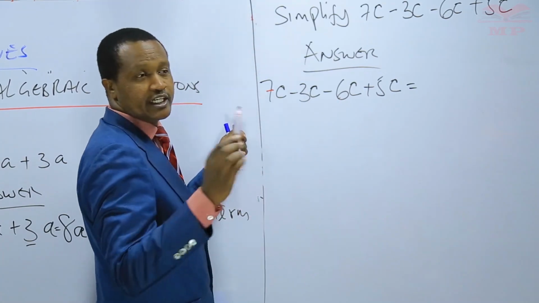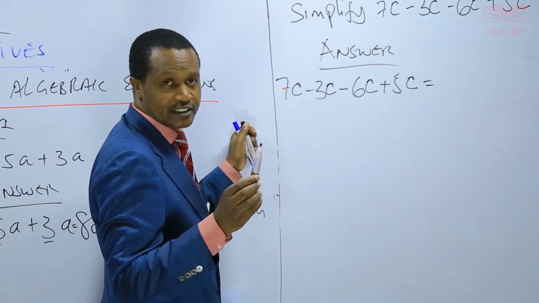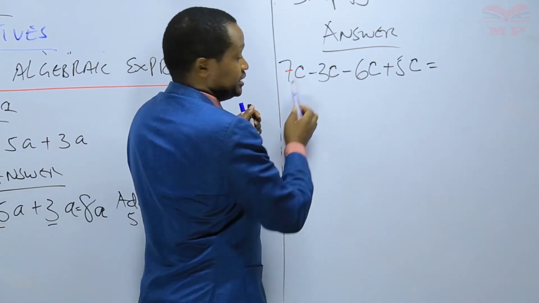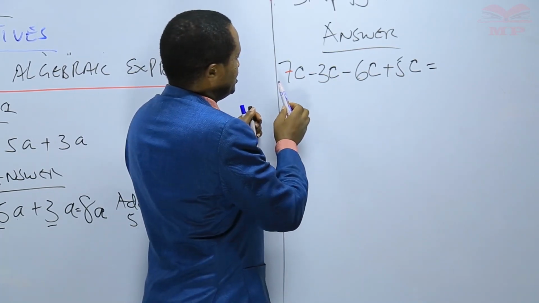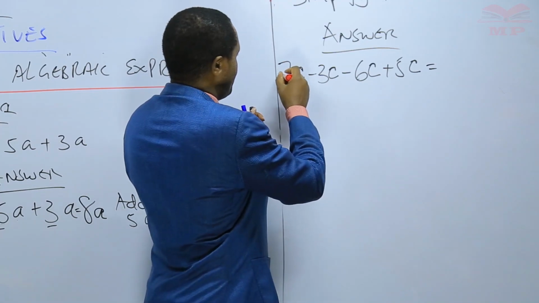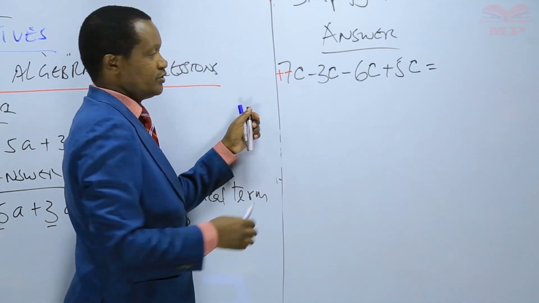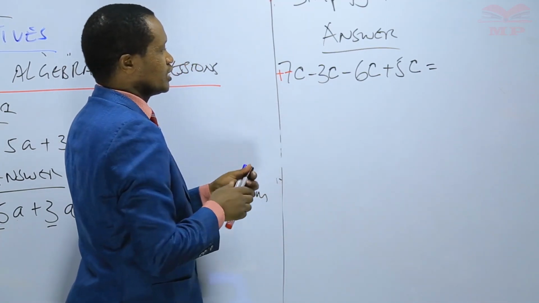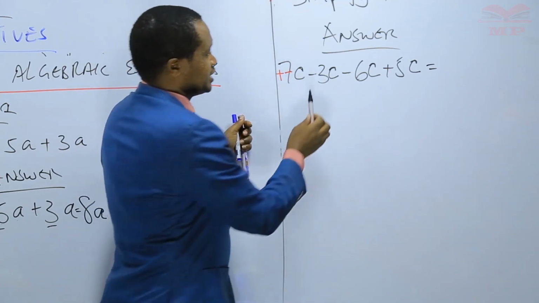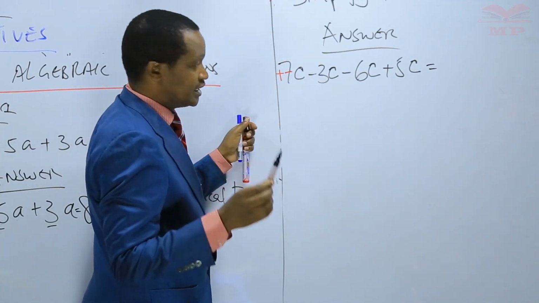When you want to know which terms to add, look at the signs before the terms. This term 7c, when the sign is not shown, means that it is a positive sign that should appear before this term. The sign that appears before the second term is subtraction, or negative.